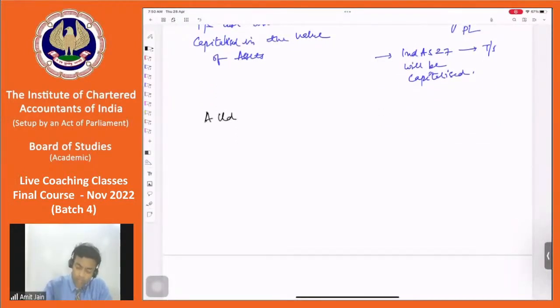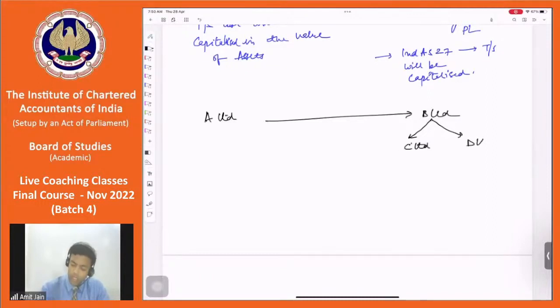Now in this question, let me frame a case study for you guys. Let's say A Limited acquires C Limited, and this is D Limited. This is a 100% subsidiary, a legal entity.